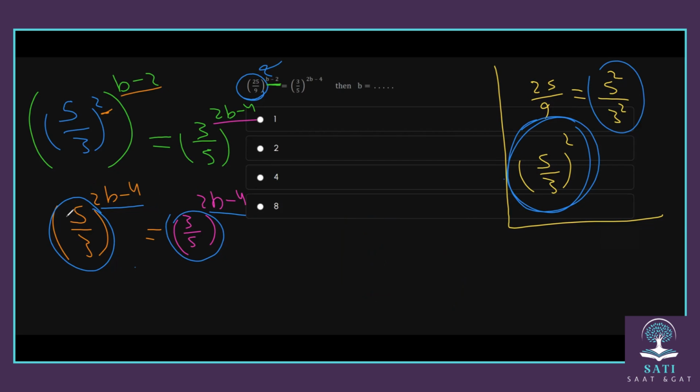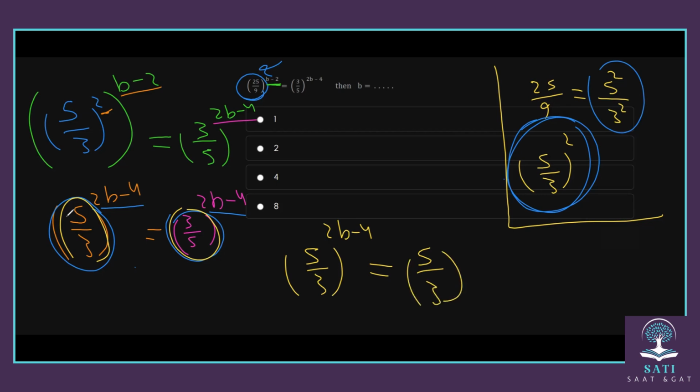This is one way. Another way, if you need to solve it without the rule: here I have 3 over 5, but here 5 over 3. I can flip the fraction. But when I flip the fraction, I need to change the sign of the power. So I write the left side as it is, 5 over 3 power 2b minus 4. And on the right side, I flip the fraction upside down, so it becomes 5 over 3.